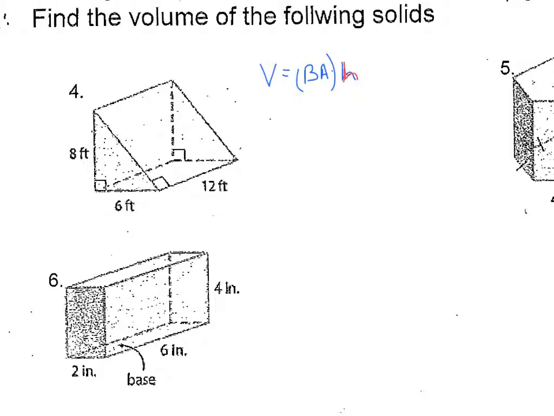And then that height, we talked about that height, distance between the two bases. So I do know that the height's going to be 12. And for the base area, I would be plugging in my area formula for a triangle, which is 1/2 base times height, 1/2 6 times 8, which we just did. And hopefully you remember, or flip back to the front side. Apparently I don't remember. That was 24.